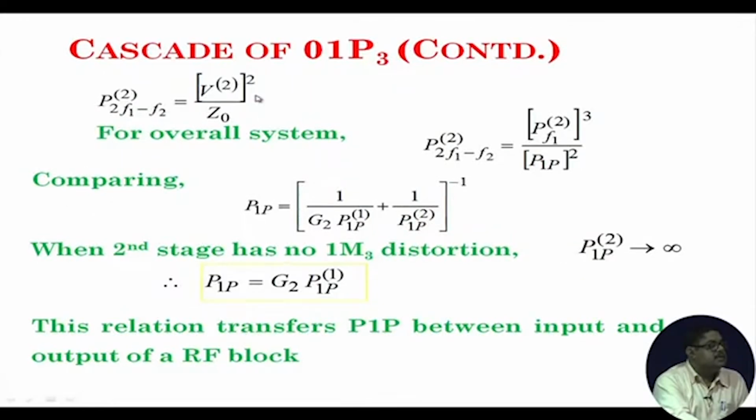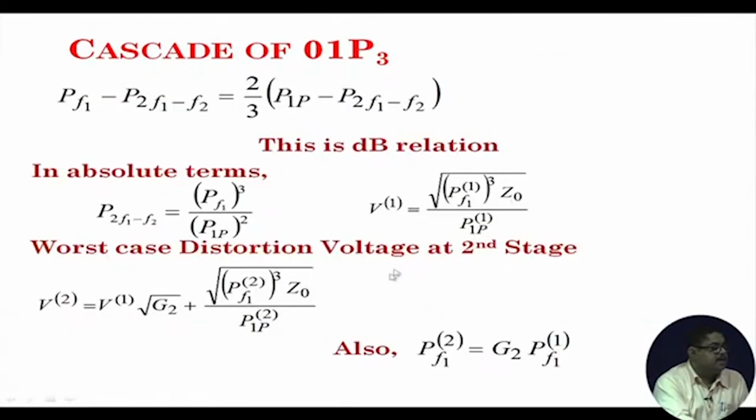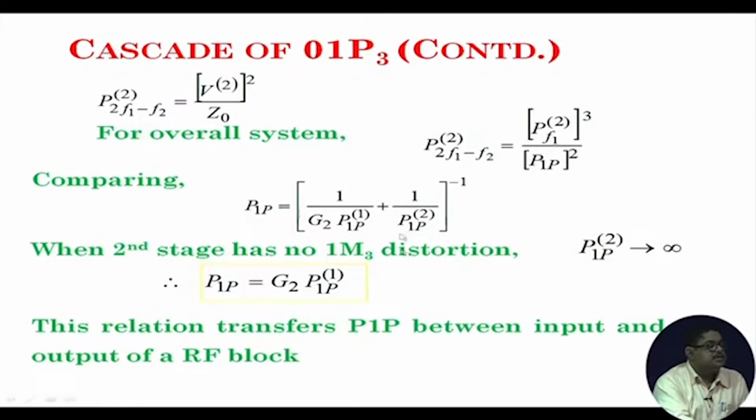Now, continuing the cascade, you write down the overall system like this, and from the individual ones we have previously written these voltages. Now I can compare them, and that will show you that the overall intercept point will be this plus this. When the second stage has no IM3 distortion, that means PIP2 becomes infinity, because at a very high value the intermodulation product will catch up.